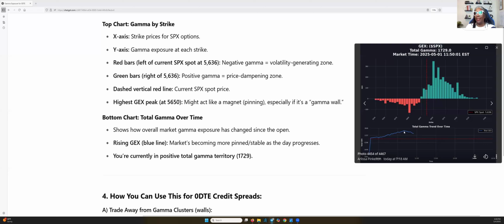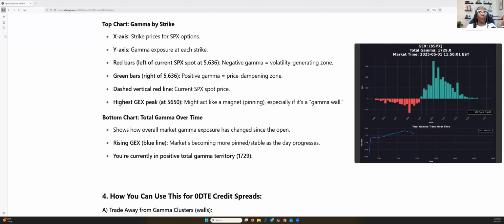So as this blue line goes up, the market is stabilizing as time goes on. Going up is a good thing, it's more stable. Going down is more volatile. You're currently in positive total gamma territory, which is 1729. This number at the top is our total gamma.